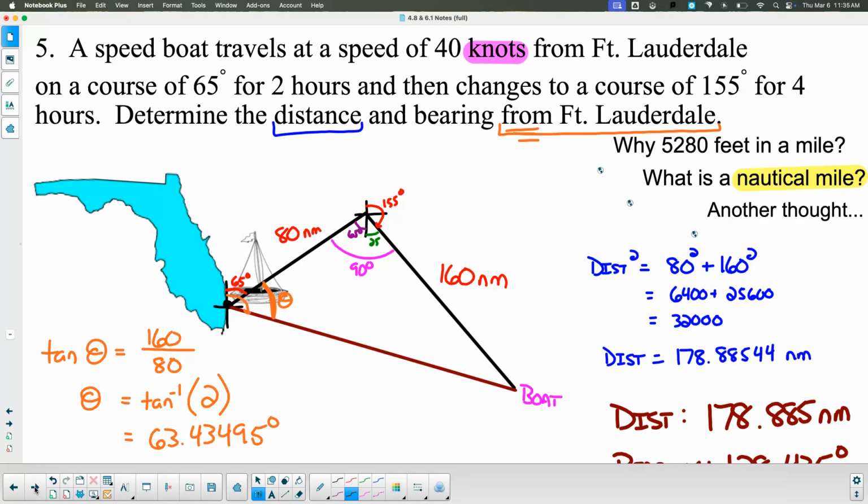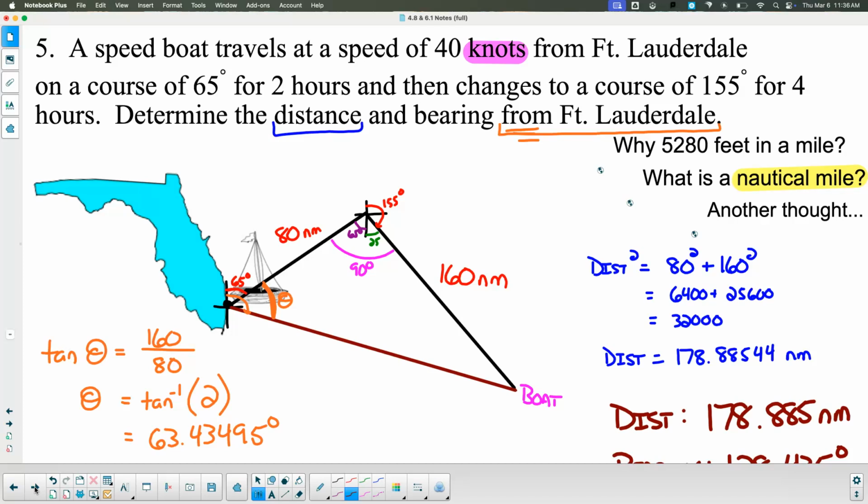If it wasn't nice, then you'd have to use law of sines or law of cosines. Wouldn't that be 25 in the trig? No, this 155 would be 295 in trig. So how could you use that? Oh, because you didn't use trig. Because we went to this triangle where this angle was 90 degrees.